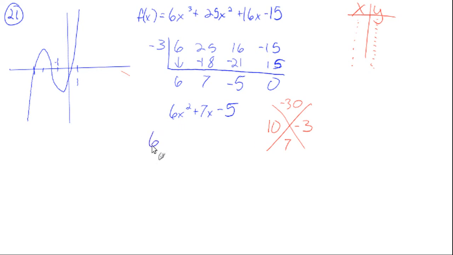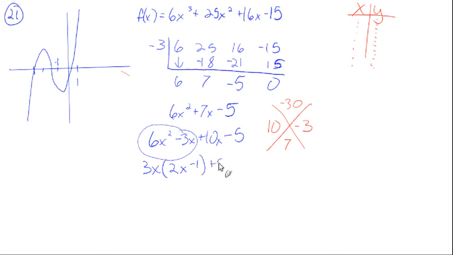So we can factor it by grouping. 6x squared minus 3x plus 10x minus 5, right? The last part. We separate the 7x into these two. 10x minus 3x is 7x. But now we can group these together, and we'll get 3x times 2x minus 1.